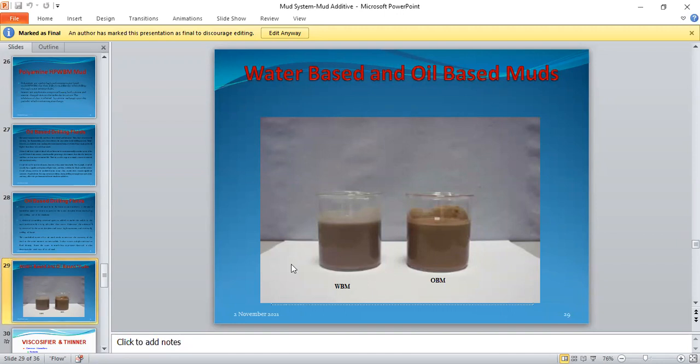In some places, the barite you have may be darker, it may be lighter. In some cases, the fluid loss control chemicals you add may be darker, it may be lighter. But if you mix from the start a simple water-based mud and a simple oil-based mud, this is what it looks like.